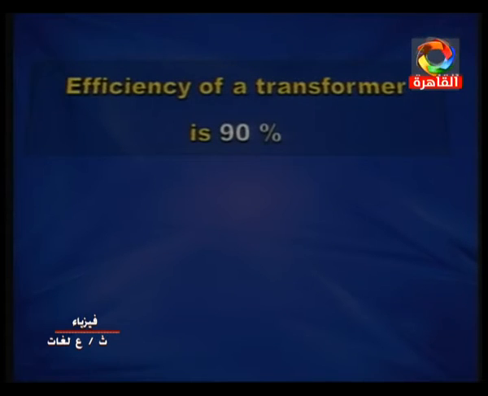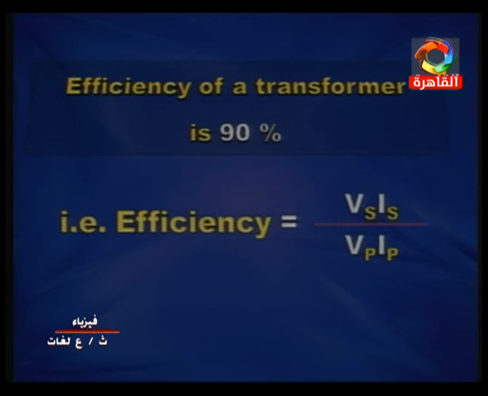Okay, efficiency of the transformer is 90%. Also, we can say the ratio between the produced power, VS IS, over the input power, VP IP, is equal to 90%.